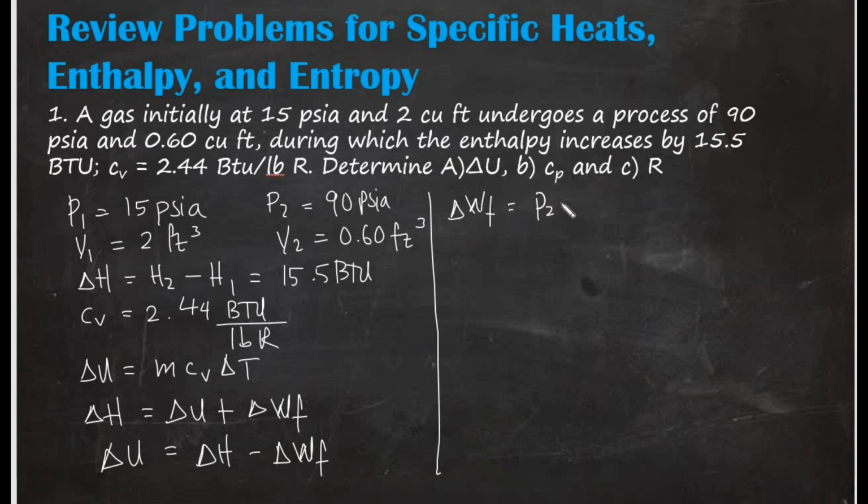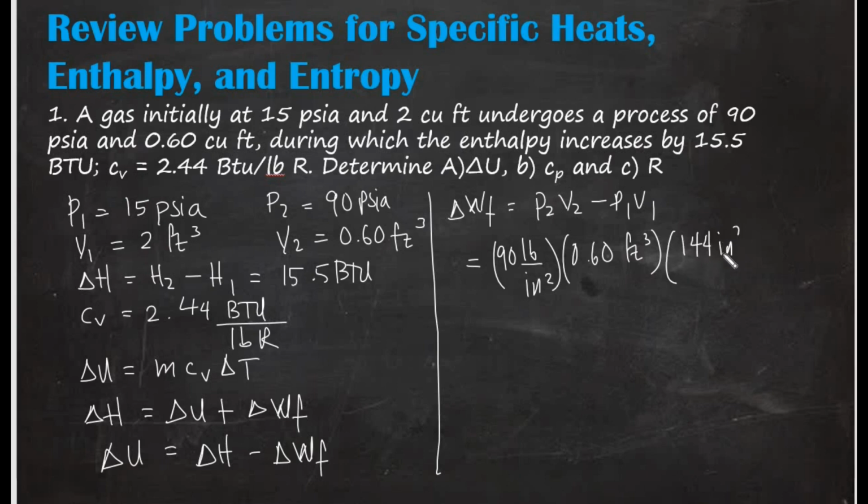That is equal to P2V2 minus P1V1. Our pressures and volumes are given. So we have P2, 90 pounds per square inch, times V2, 0.6 cubic foot. This is in cubic feet and this is in square inches, so we need to apply a conversion factor: 144 square inches is 1 square foot.